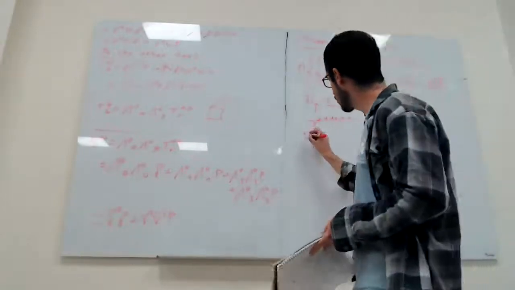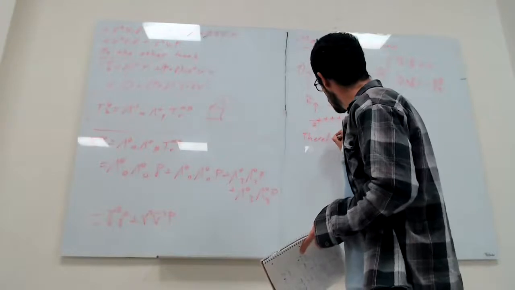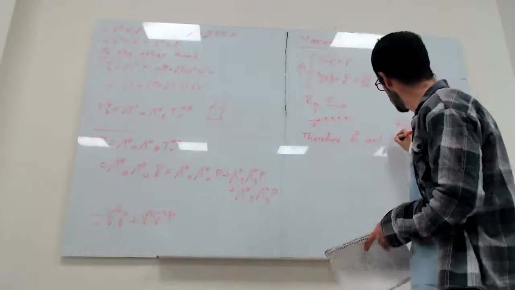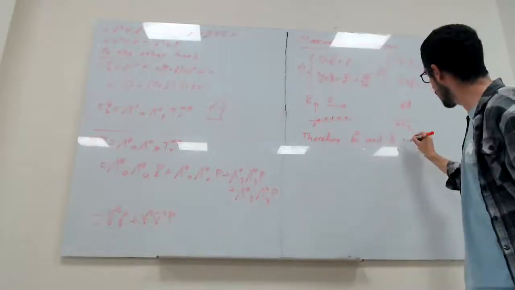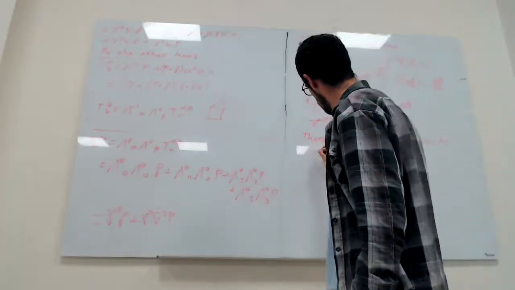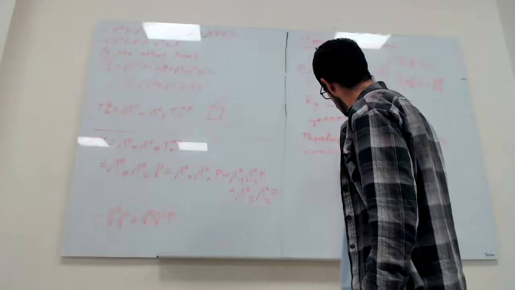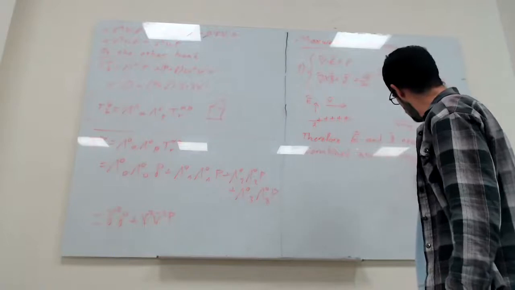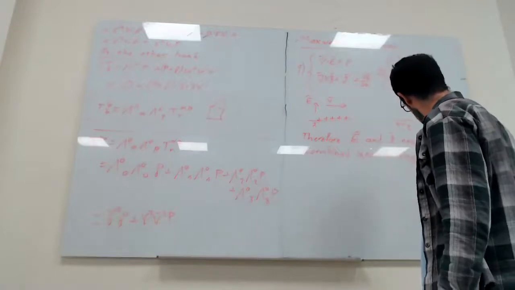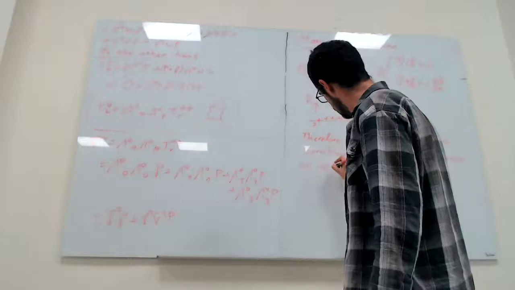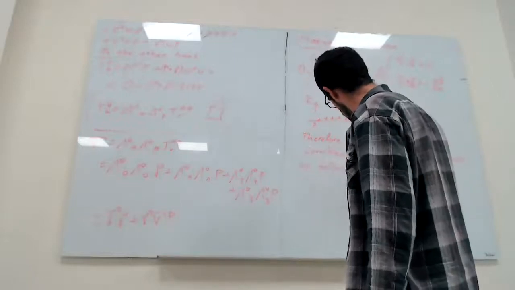Therefore, E and B need to be combined into a single tensor. We define such a tensor.